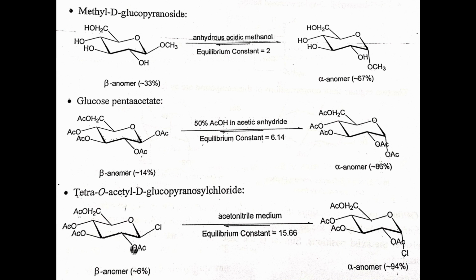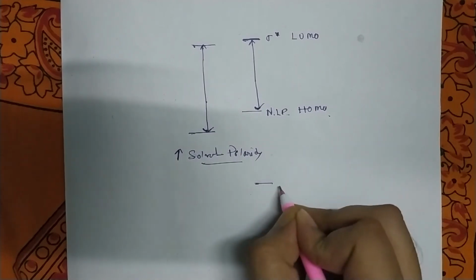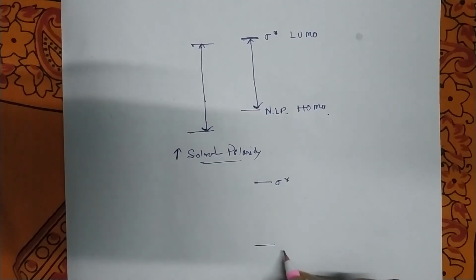So in the normal case, for the OH group, the sigma star orbital of the C-O bond is here, and the HOMO, which is the lone pair of the oxygen, is here.